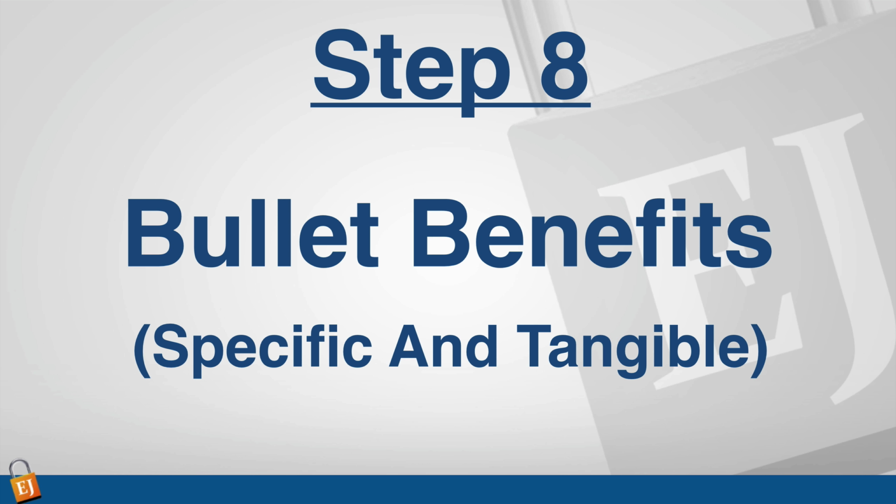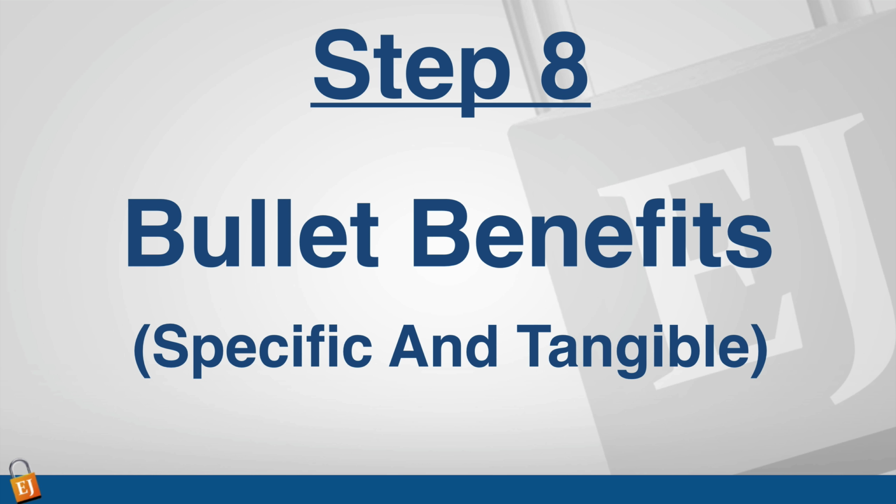So when I talked about putting benefits for each of the elements of the product description, that might be 3 to 4 bullet points to describe each module or each component of the product. This is a master benefit bullet list. This might be 10, 20, 30, 40 bullets talking about all the ways a person's life can change as a result of using your product, both small things and big things.